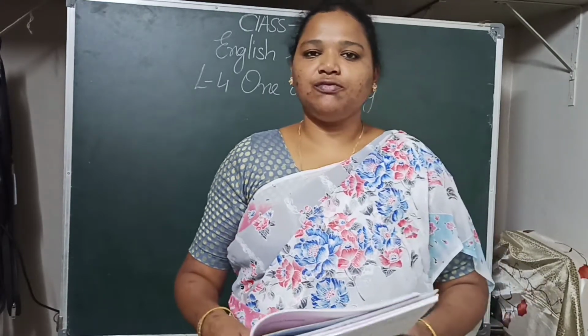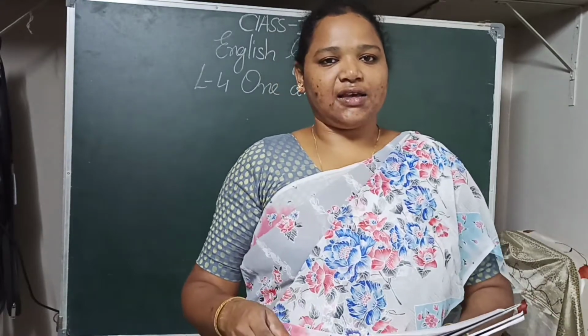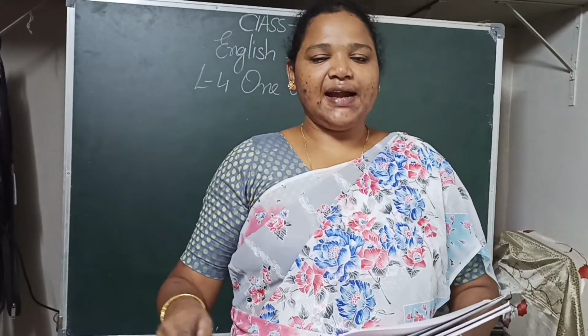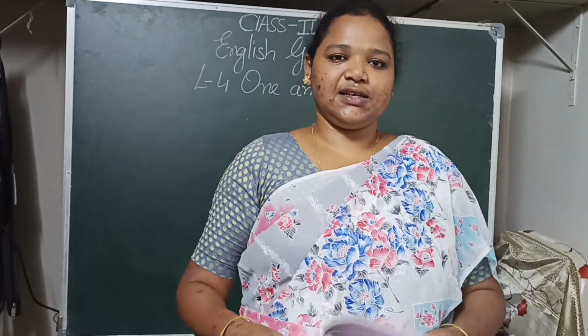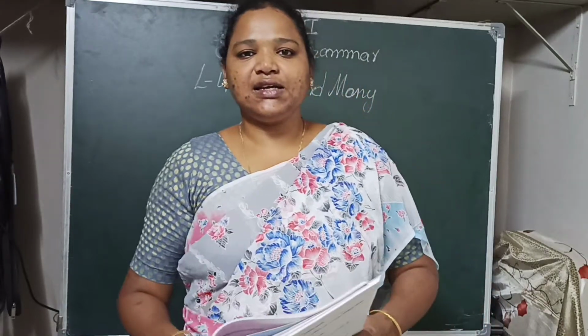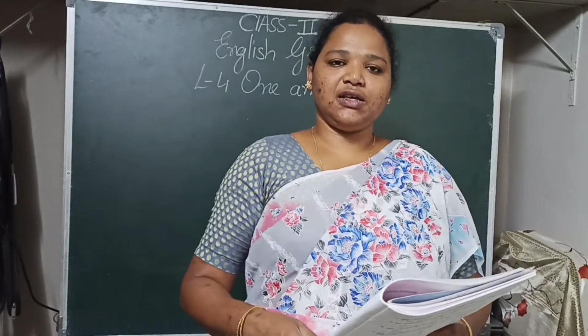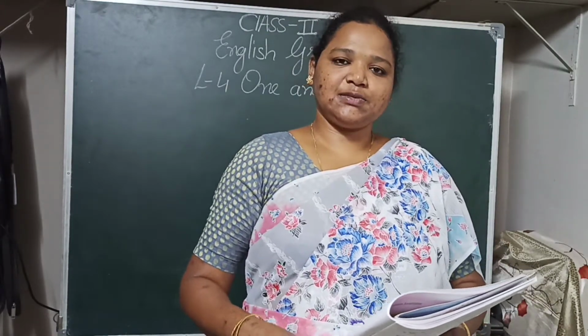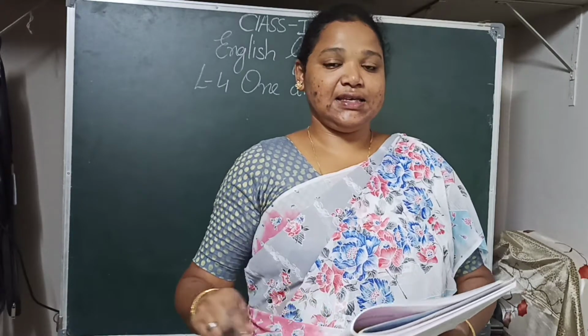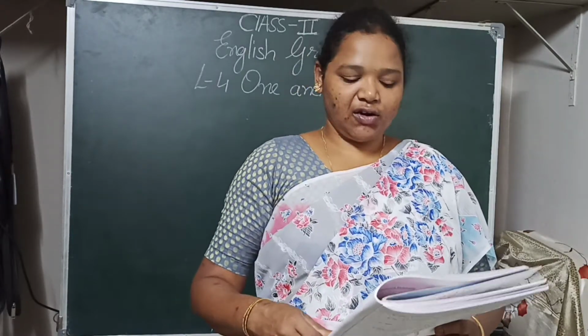So in place of y we add I and at last we add es. Like in city. City is the noun form. So in plural form we remove y and add I in its place: cities. Okay, got it, children?